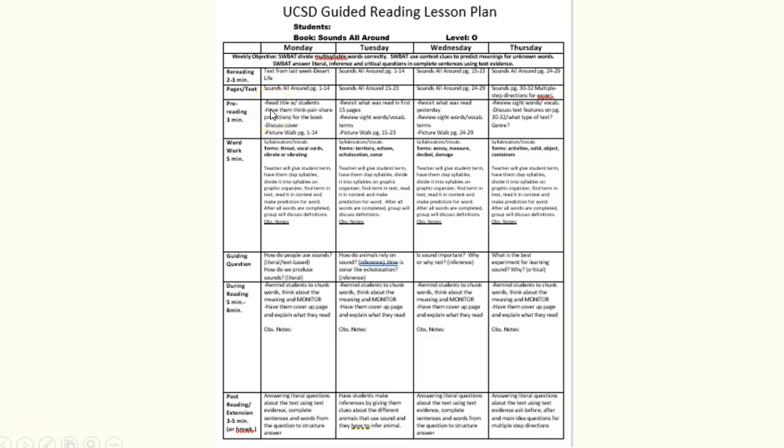We're doing some pre-reading work, so predicting sight words. Here we're doing word work, which is multisyllabic words and vocabulary building. We have a guiding question. Here's what we're doing during reading. I was really focusing on having them chunk words into meaningful parts that they know and think about the meaning. So, cross-checking: does it make sense? Does that look right? And monitoring what they are reading.